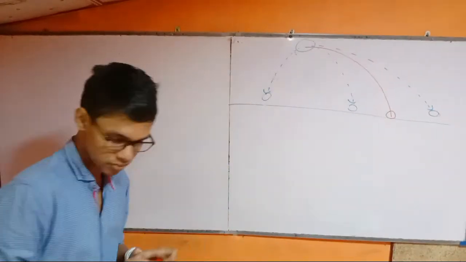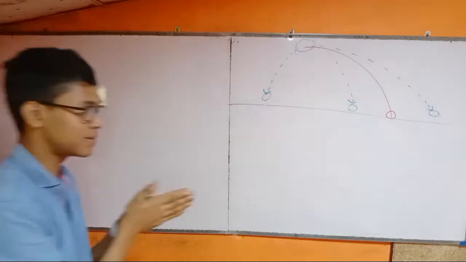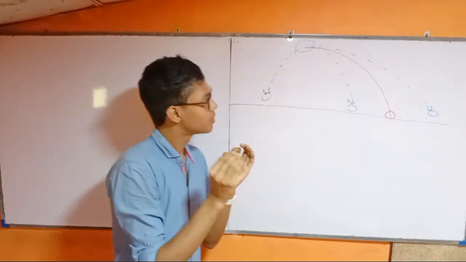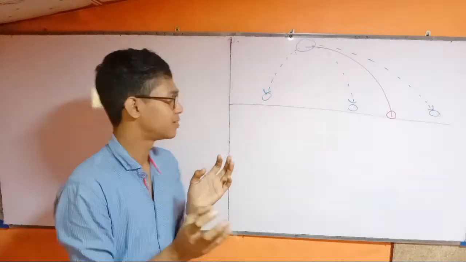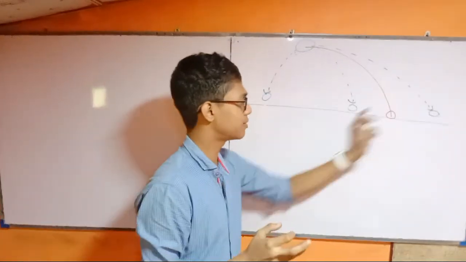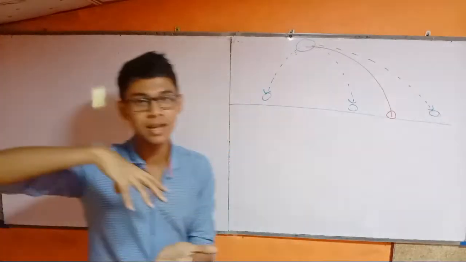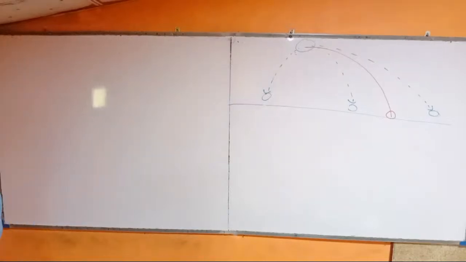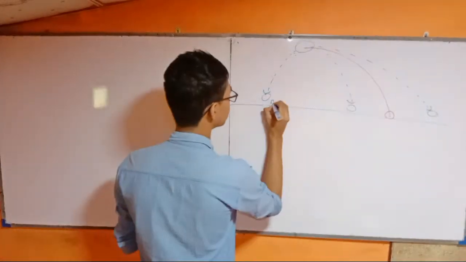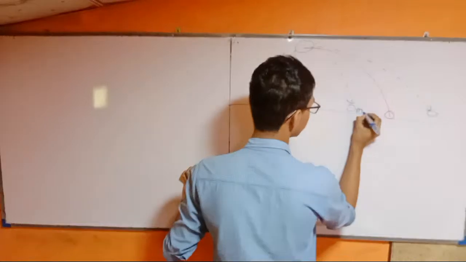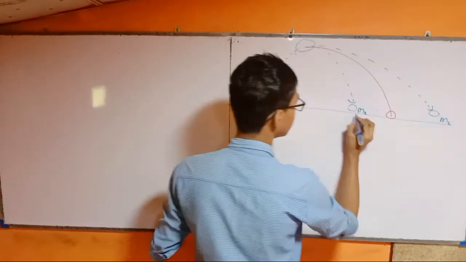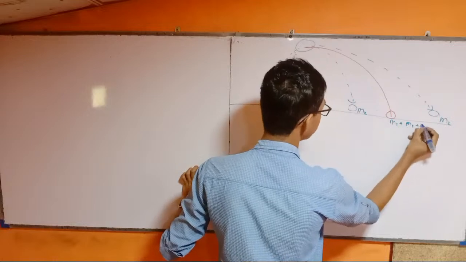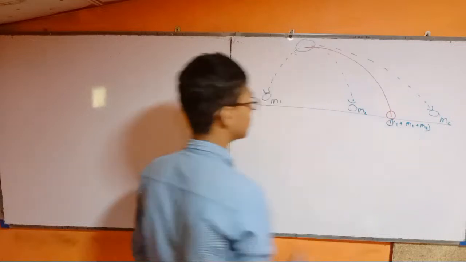Now there is a method to find the place where the bomb blasted, using the mechanism of center of gravity. How do we do that? Let's say this is M1, this is M2, and this is M3, and the total mass is M1 plus M2 plus M3.